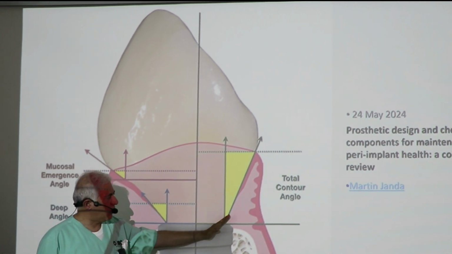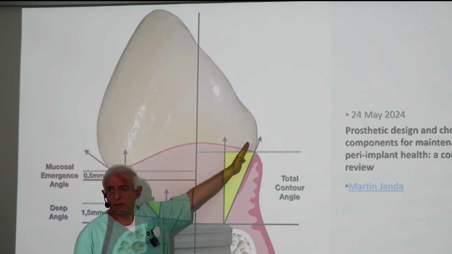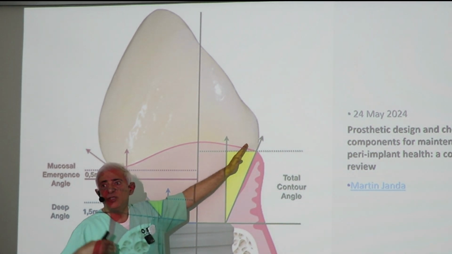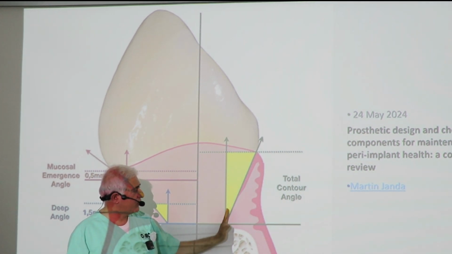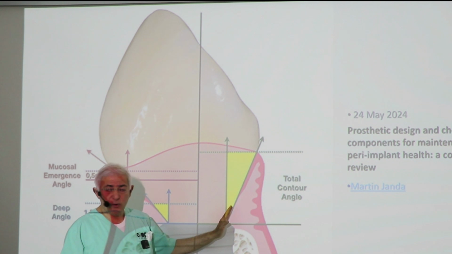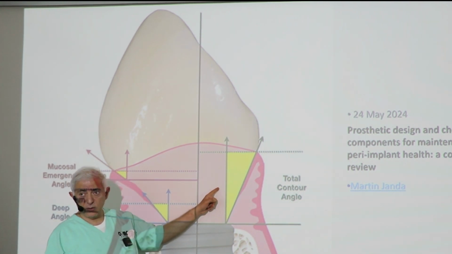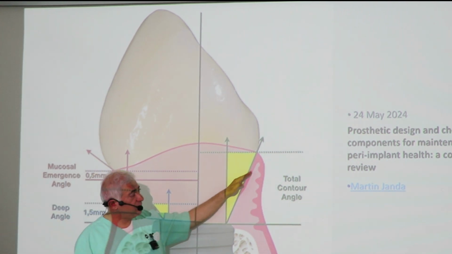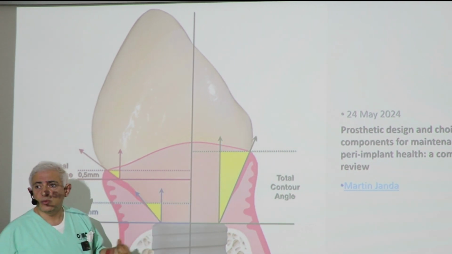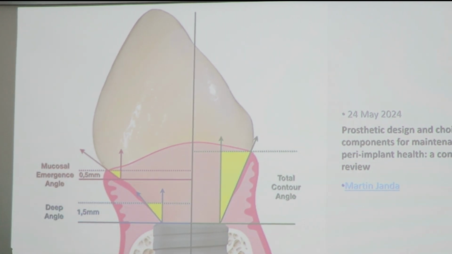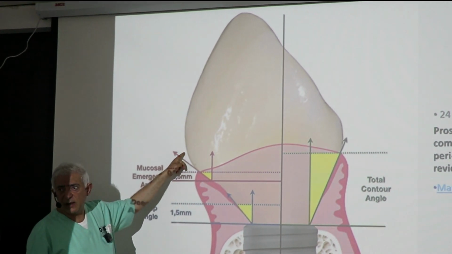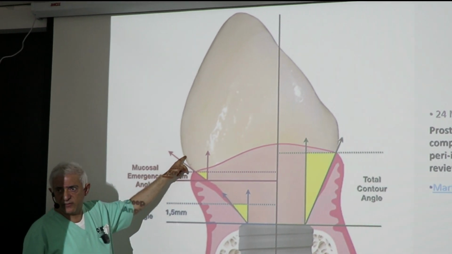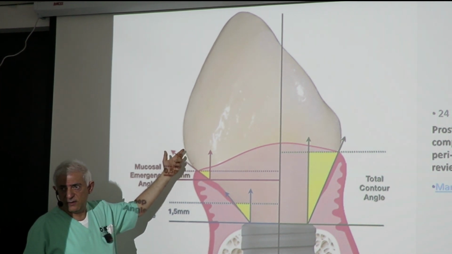Many labs start from here and make a straight line. What we are teaching you, don't accept this kind of a crown. 1.5 straight, then go. If you are smart, 1.5 concave, and then you go. This is what we are teaching you today. Don't accept this straight line, which all the labs do for you, because it's quick, fast, and easy for them.